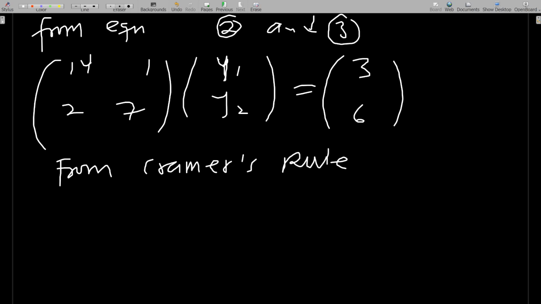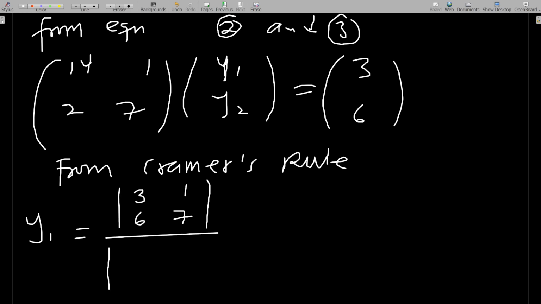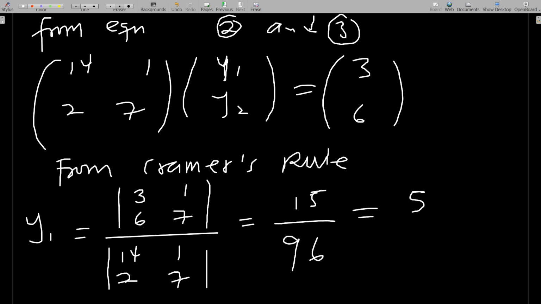From Cramer's rule, you know that y1 would then be equal to the determinant of 3, 6, 1, 7 over the determinant of the main matrix, the coefficient matrix, which will be equal to 15 over 96, and this is equal to 5 over 32.